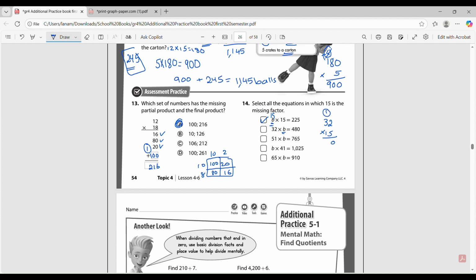So 5 times 3 is 15, plus 1 is 16. Now I cross it out because I already used it. Now I will put 0 because now I will start with the tens. Now 1 times 2 is 2. 1 times 3 is 3. Let's add. 0. 6 plus 2 is 8. 1 plus 3 is 4. So this one is correct as well.